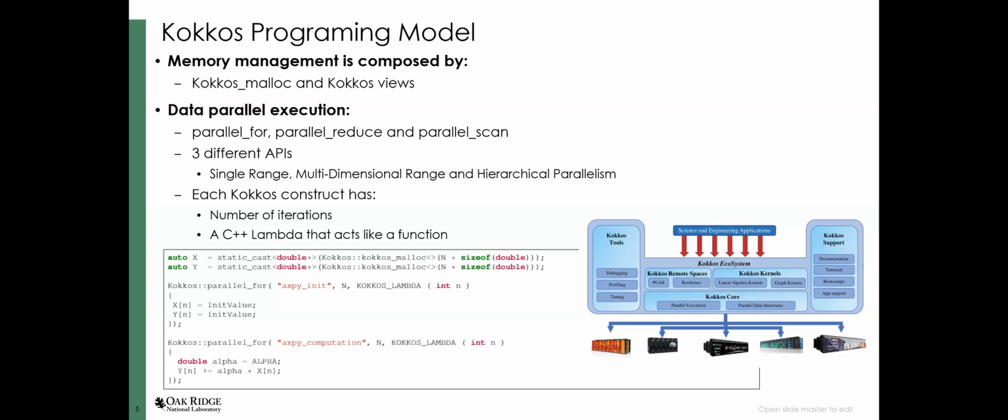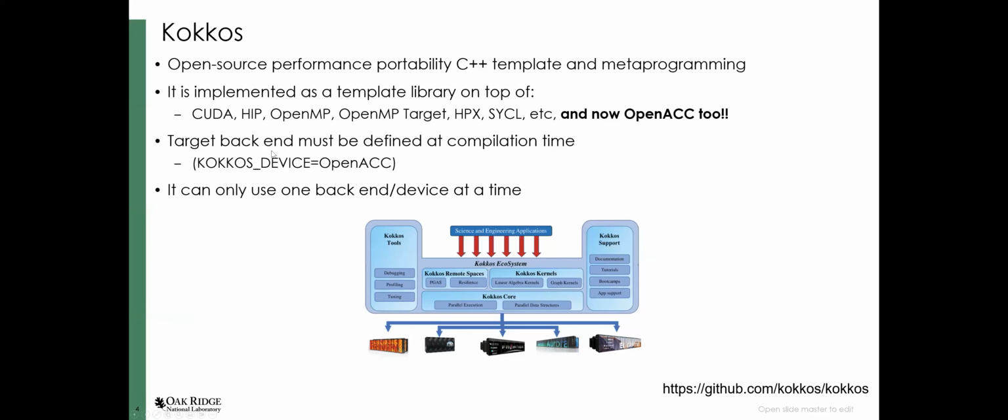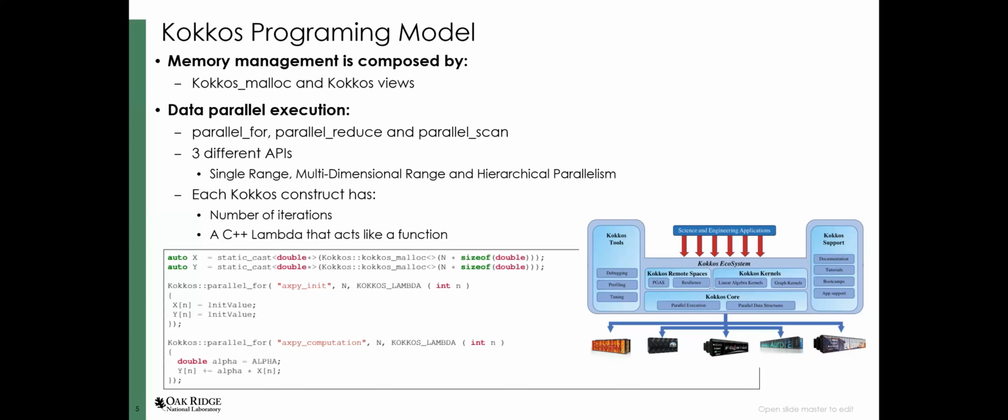The only thing that you need to change to run the same code on different backends or devices, if I come back to the previous slide, is to set this Kokkos macro to the corresponding backend that you want to use. In most cases, the backend is very related to the device that you want to use. For example, to use NVIDIA GPUs, you should use maybe the CUDA backend, although you can use, for instance, the OpenACC backend too.